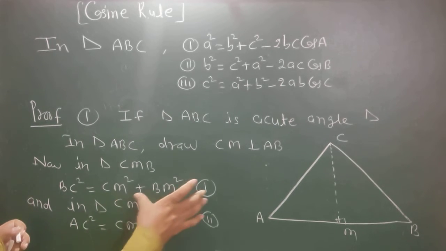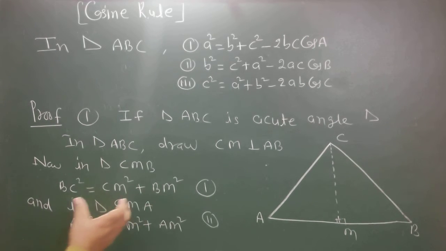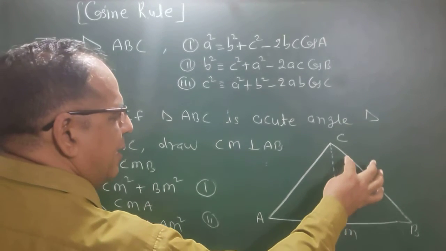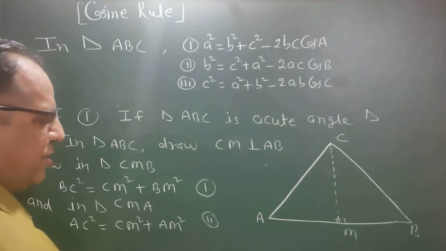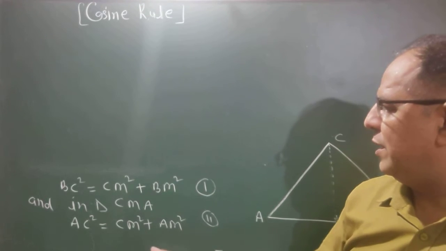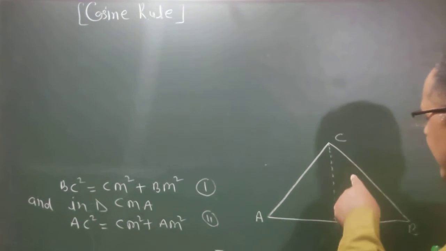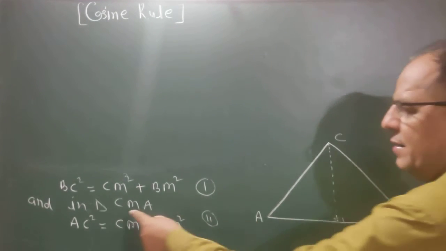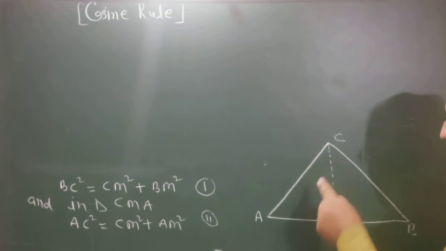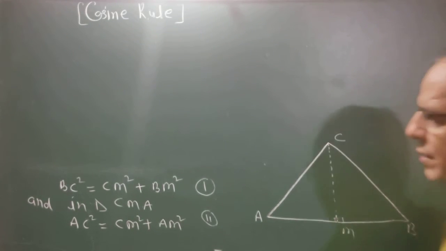So now we have two equations, in which we applied the Pythagoras theorem in triangles CMB and CMA. Equation 1 is BC square equals CM square plus BM square, and in the right angle triangle CMA, AC square equals CM square plus AM square.